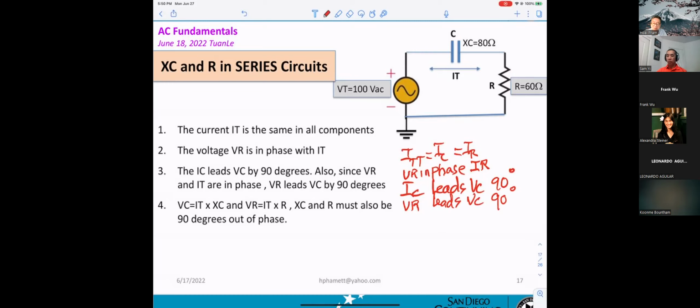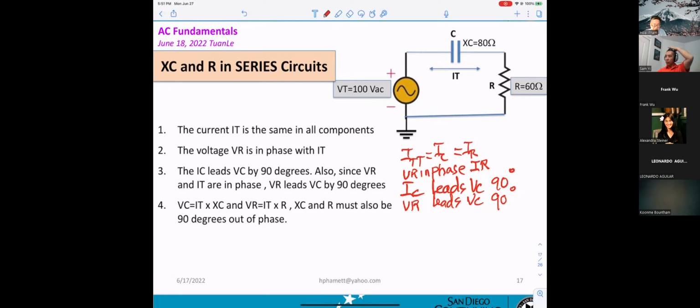IC leads VC, that means VR leads VC. Okay. Number 4, VC equals I total times XC. VR equals I total times R. XC and R must also be 90 degrees out of phase.